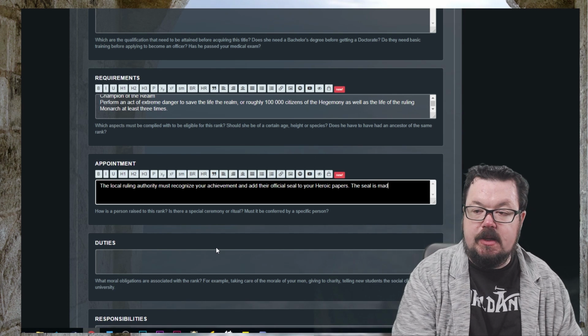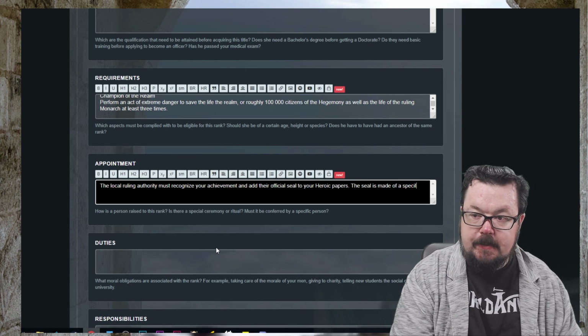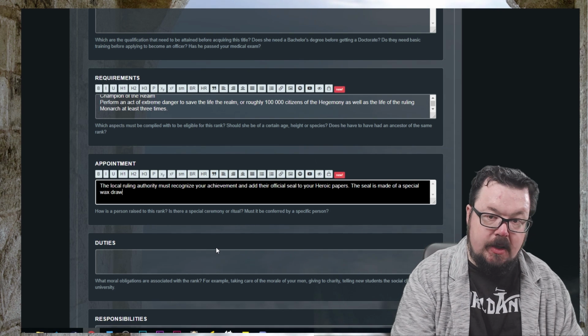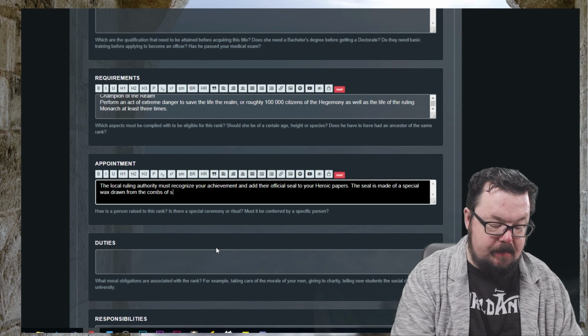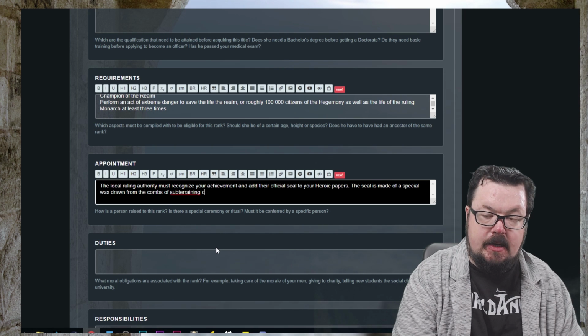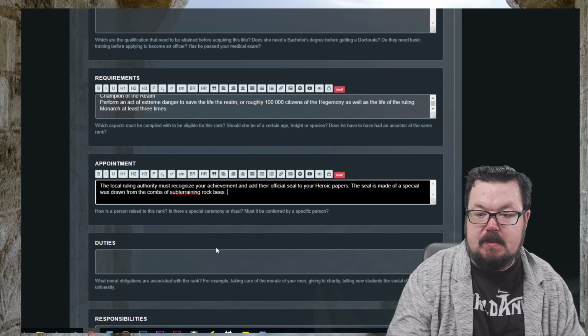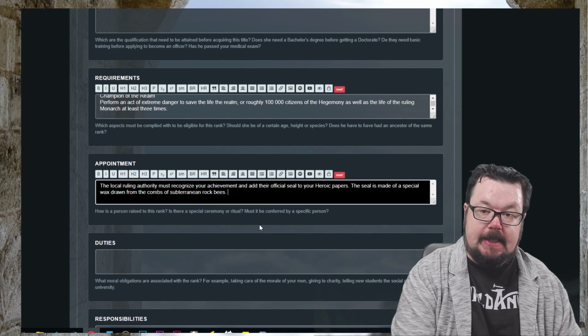The seal is made of a special wax drawn from the combs of subterranean, I'm going to put there rock bees. Don't know what they are, busy making them up as we go. Subterranean rock bees.